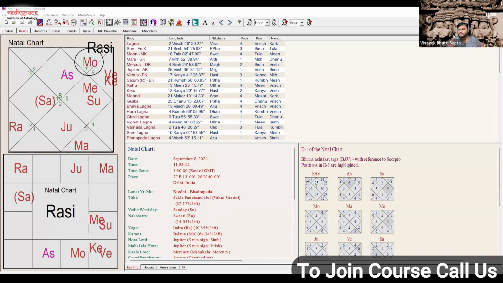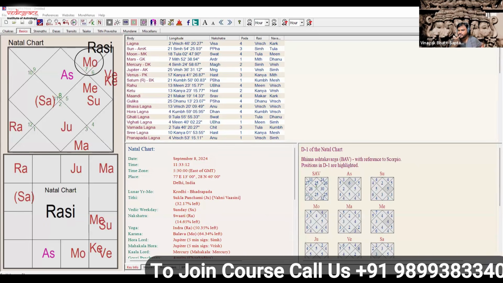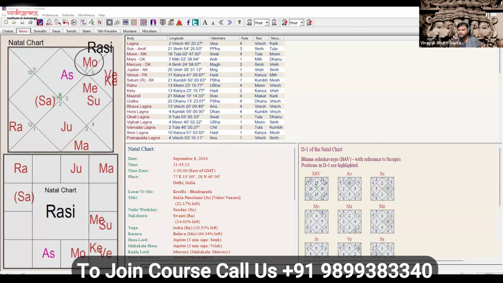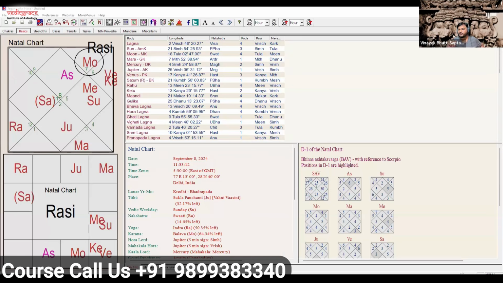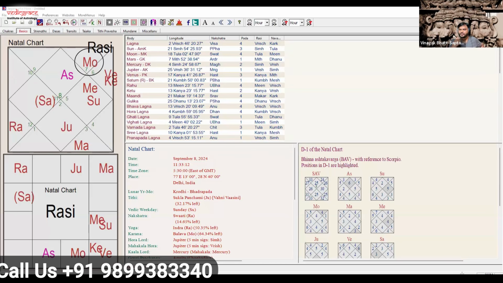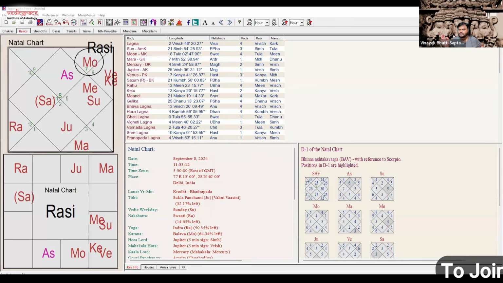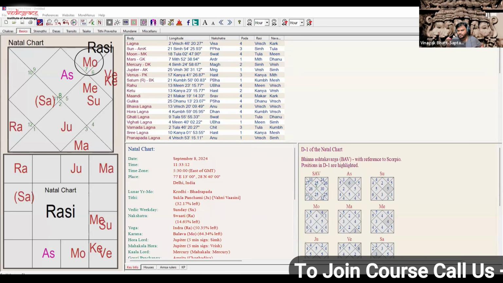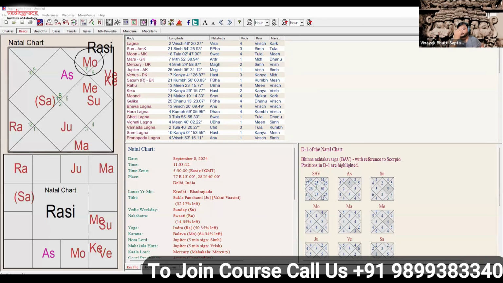In many of our classes, when we discuss this Pitrudosha and all, people generally ask, from where is this Pitrudosha coming, whether from mother's family or from father's family. How will you identify it? You go and check D40 chart. D40 is a Khavedamsha chart, that is for the mother side lineage.